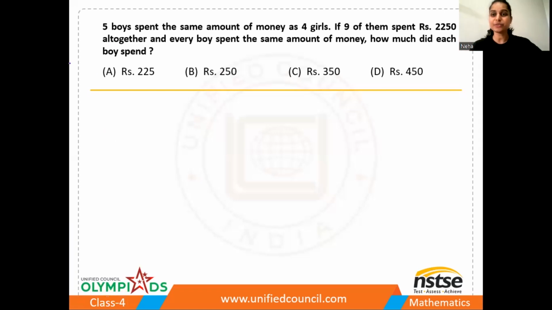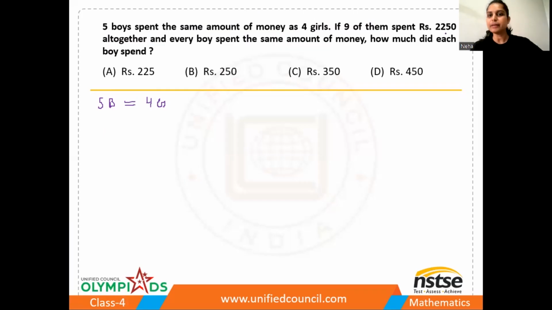So here, students, this is the first question, and it says that 5 boys spend the same amount of money as 4 girls. That means there are 5 boys and 4 girls, and 5 boys spend as much money as 4 girls spend. So in total 5 plus 4, that means 9 persons are there.